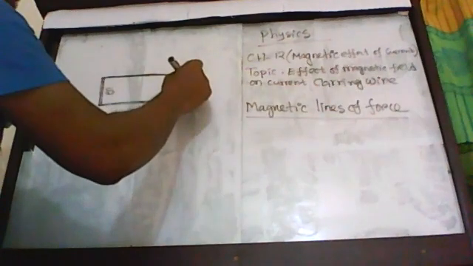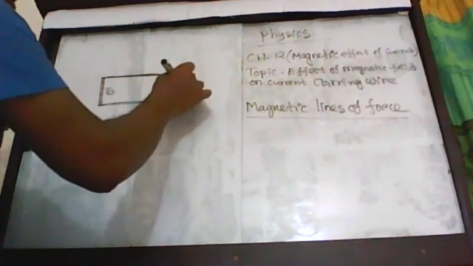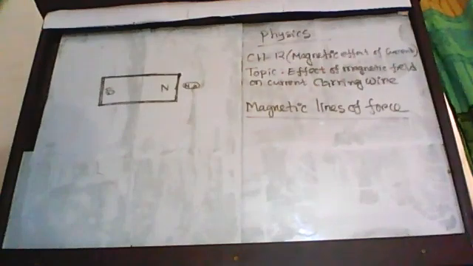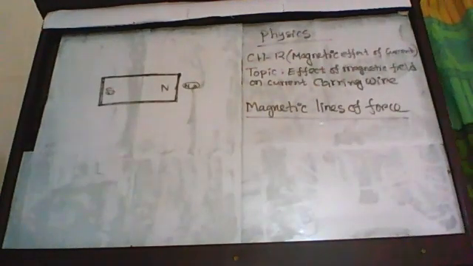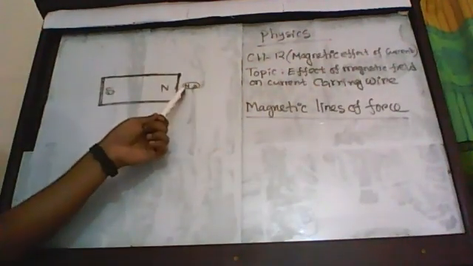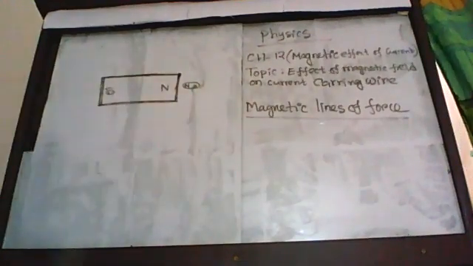Obviously, it must have a south pole here. So it's a very small magnet. So this pole is north pole, and the next pole here is south pole.